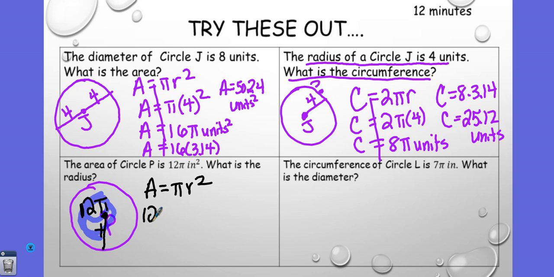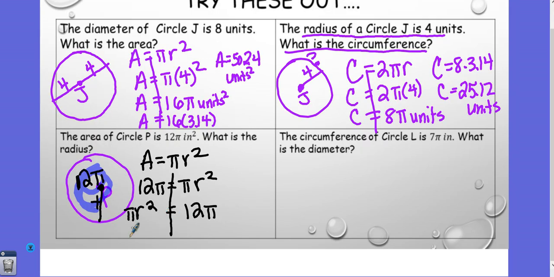So here, 12 pi equals pi, and r squared is what we're looking for. Or you can call it x squared, whatever you want to put in. So I'm going to do my symmetric property of equality by switching things around since the variable is on the wrong side. And here I want to get r by itself, so I'm going to divide by pi because it's like a coefficient, like if it was the number 2, 3, 4.